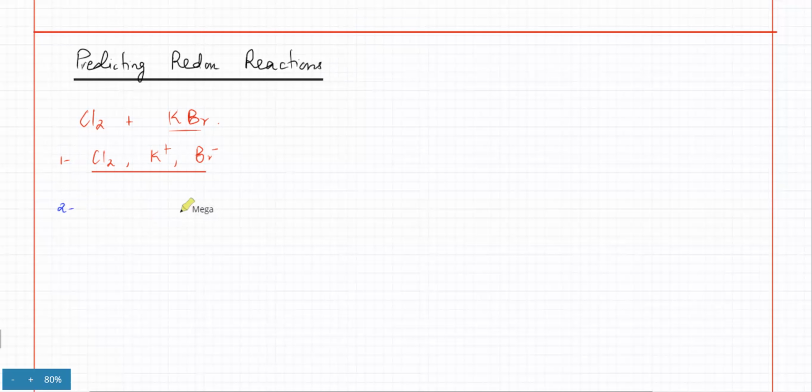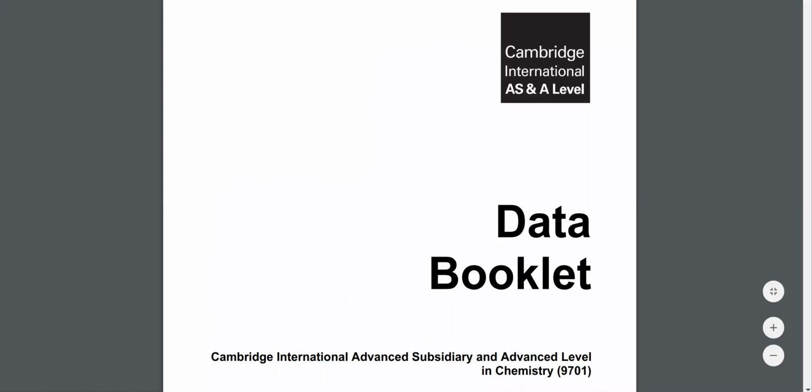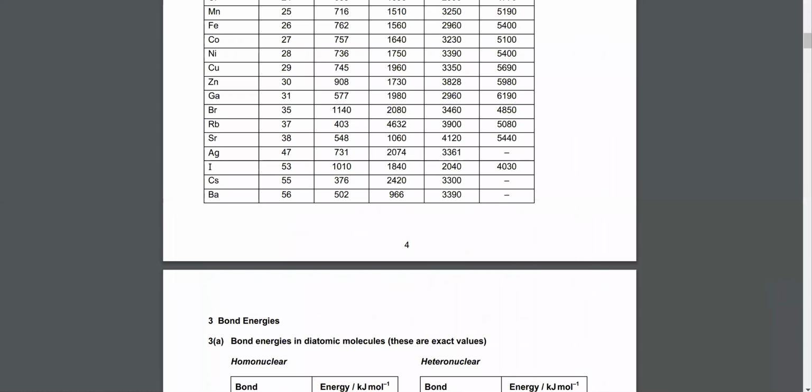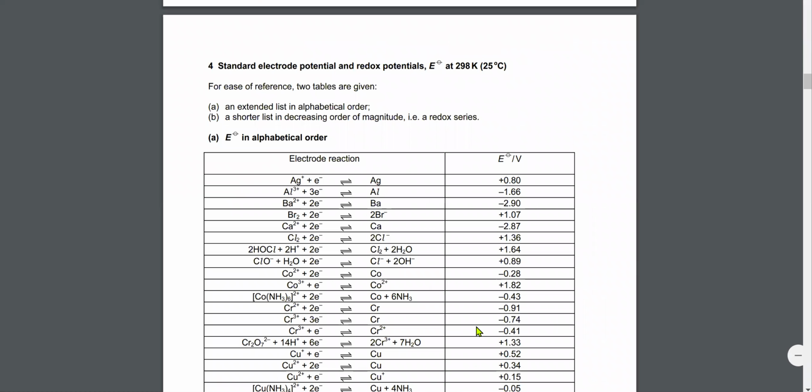So for Cl2, let me open the data booklet. Cl2 is somewhere at the top over here, Cl2 gaining 2 electrons in equilibrium with 2Cl minus 1, and the value is 1.36 volts.